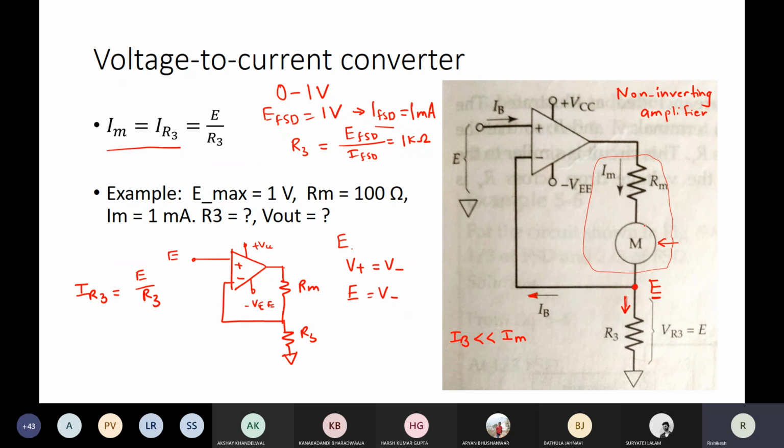Once I fix this as 1 kilo ohm, then you can calculate the voltage in terms of the current flowing through this. If my E becomes EFSD by 2, that means 0.5 volts, how much is the current flowing through the meter?